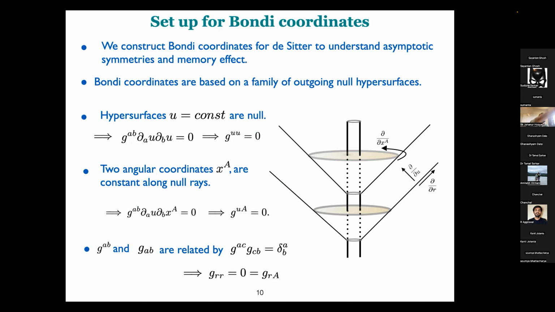So your boundary is just S2, not S3, like a two-dimensional sphere? No, the full boundary, I plus, is not S2. What I'm saying is that just considering the u equals constant surface, a null hypersurface, r increases along this null direction, and there are angular coordinates.